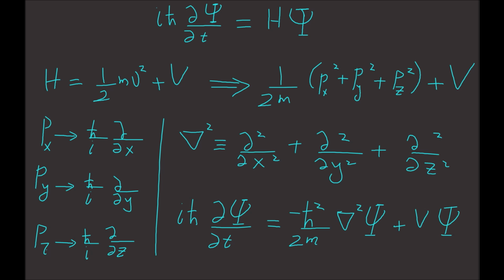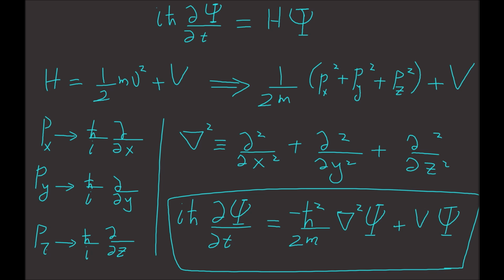So this is the Schrodinger equation in terms of the Laplacian in Cartesian coordinates. So now we're gonna try to solve this equation, to solve the time part of this equation.